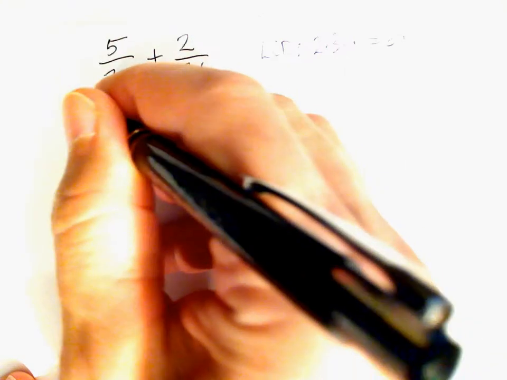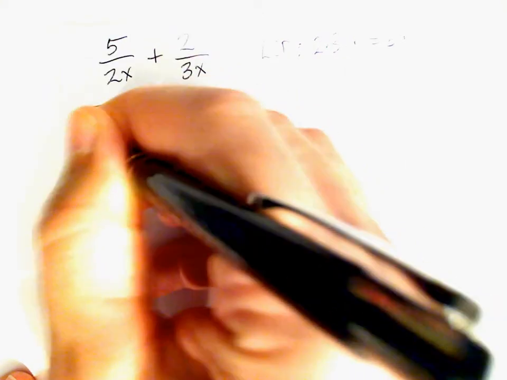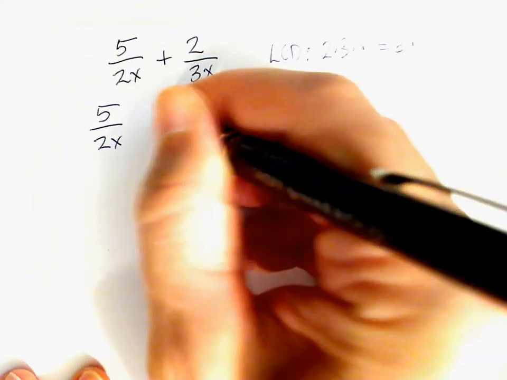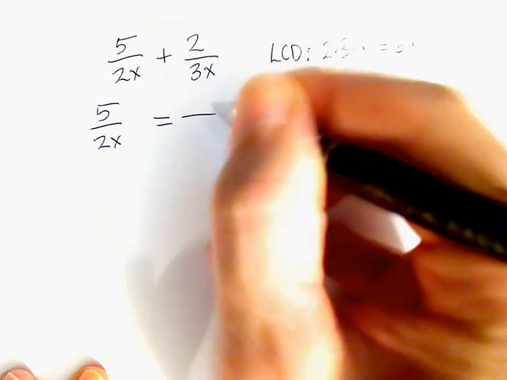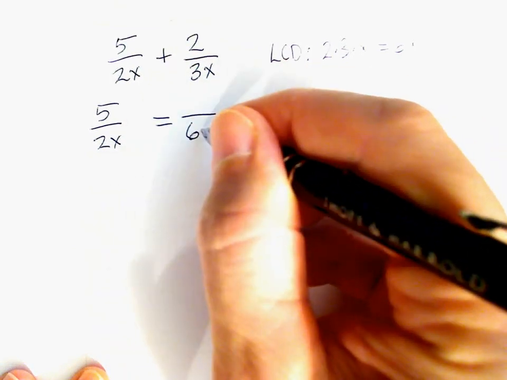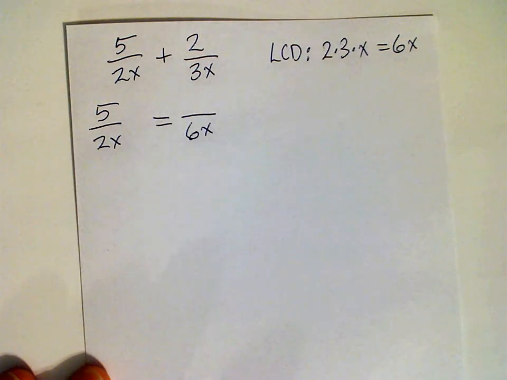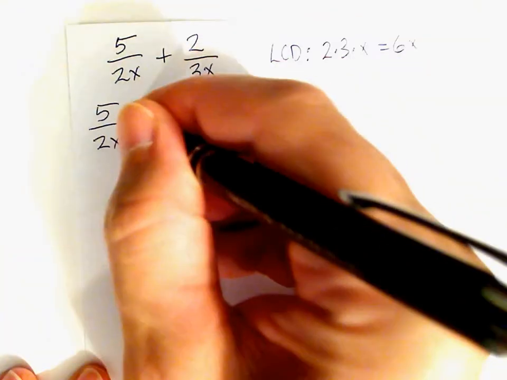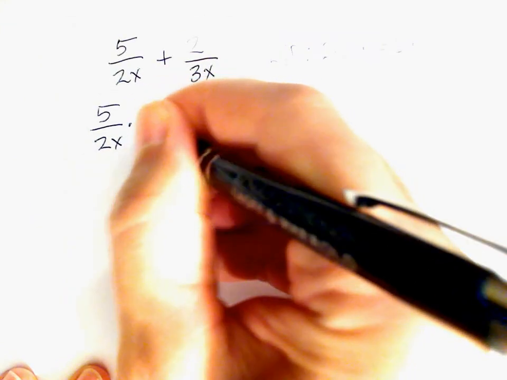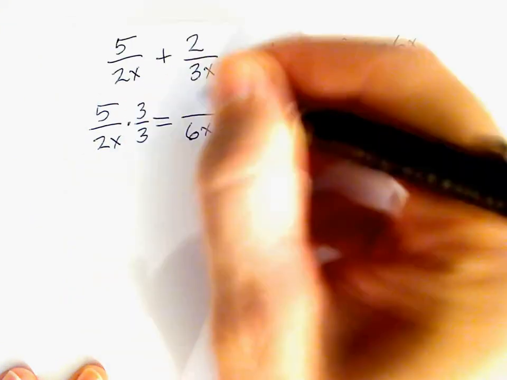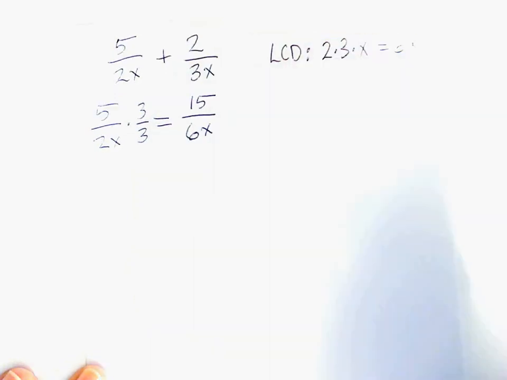And then we need to write equivalent fractions. 5 over 2x is going to be equivalent to a fraction with 6x as the denominator. And clearly what we need to multiply by here is a 3. And that gives us 15 over 6x.